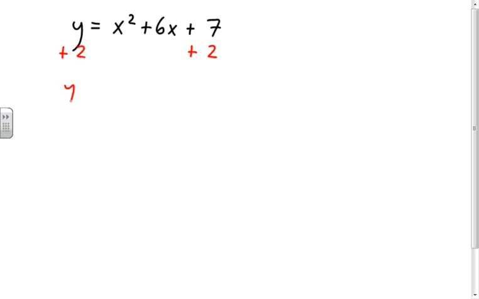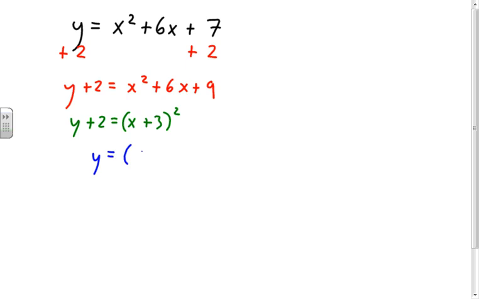So we get y plus 2 equals x squared plus 6x plus 9. We know that x squared plus 6x plus 9 is really x plus 3 squared. And then we can just subtract the 2 from both sides and rewrite this equation as y equals x plus 3 squared minus 2. So that's another way to write the same equation.